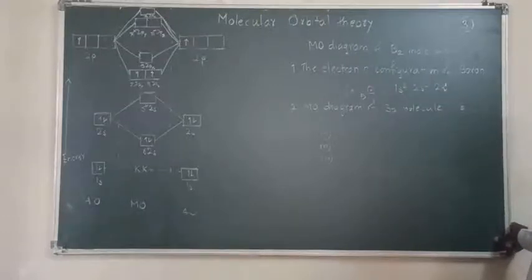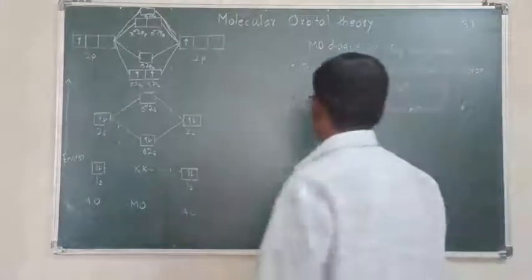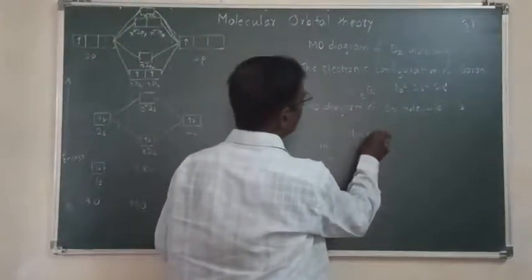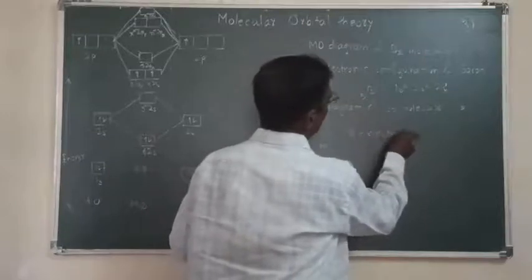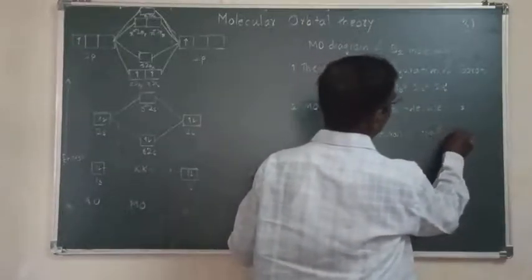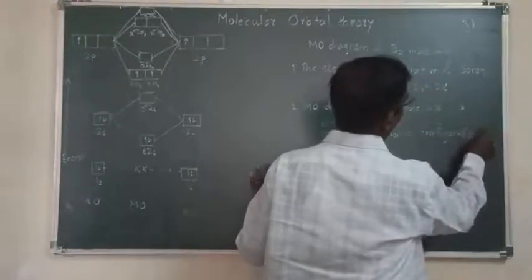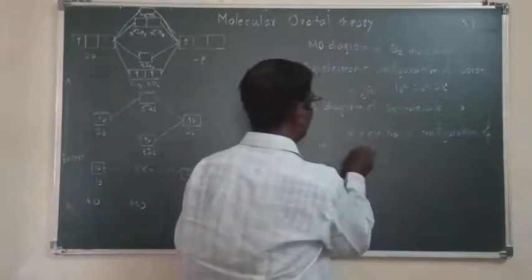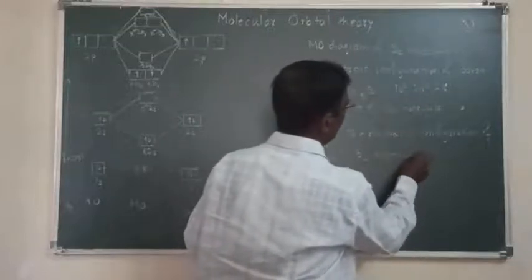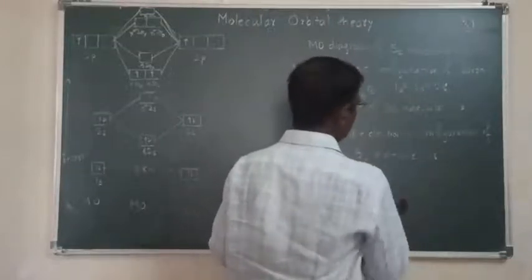From the MO diagram, we write the electronic configuration of B2 molecule.